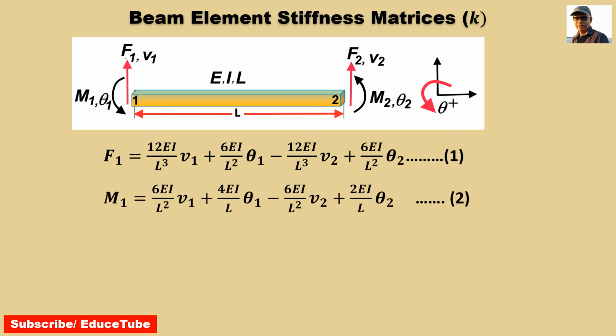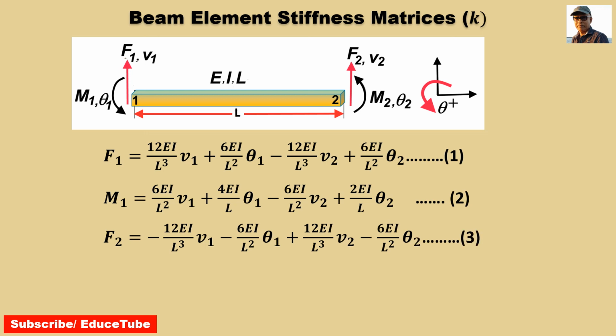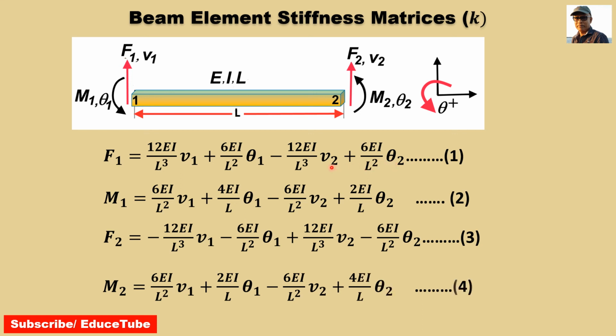M1 also, we can write these equations. Then F2, then M2. As I said, there are totally 16 terms, and we can write them like these equations, because we have the first column, second column, third column, and fourth column.